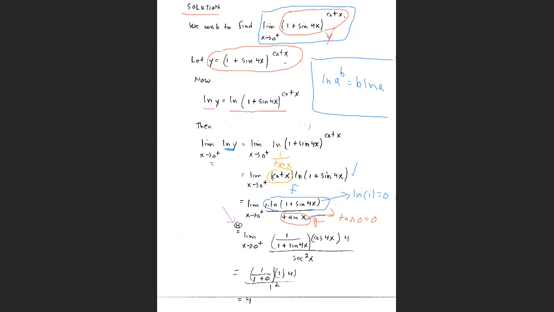So for the derivative of the numerator, we need to use the chain rule with three functions: the natural log, 1 plus the sine of 4x, and then 4x, outer to inner function. And so here's the chain rule derivative of the numerator. For the denominator, the derivative of tangent is secant squared.